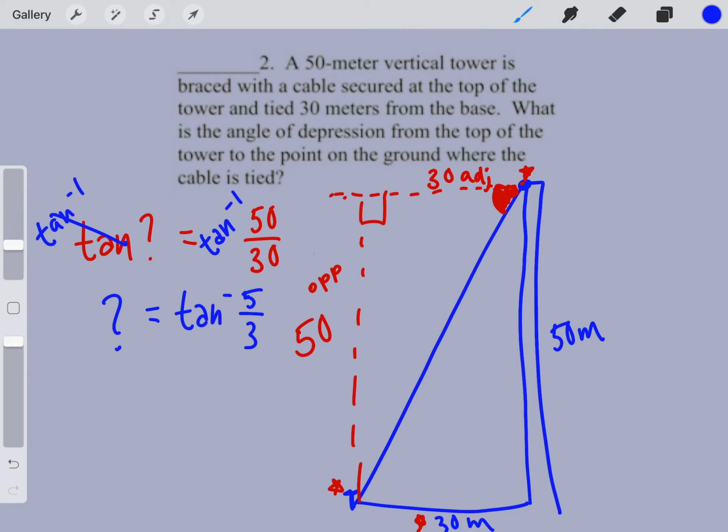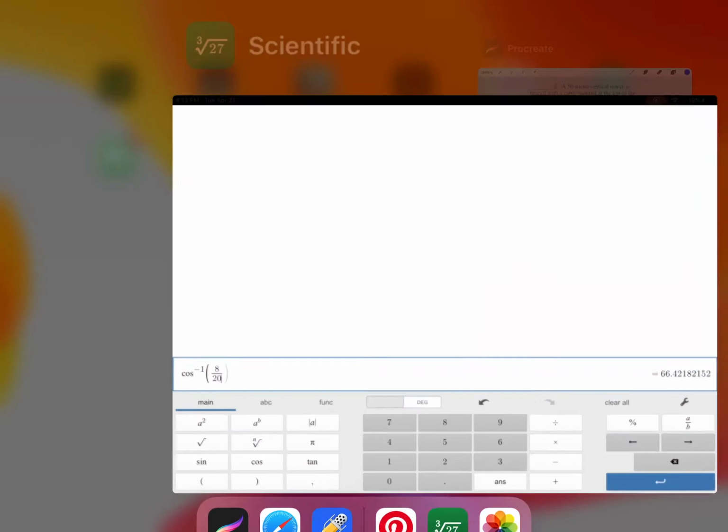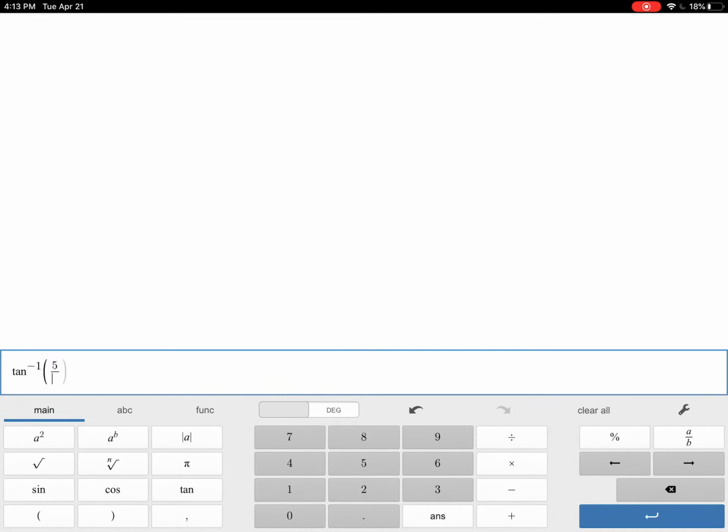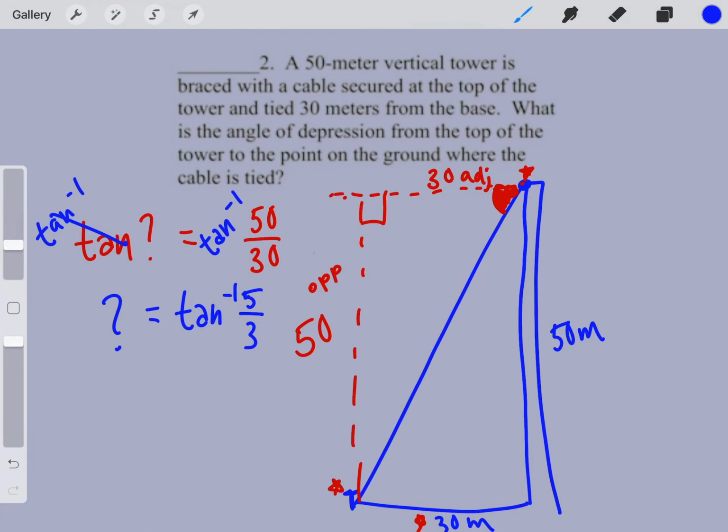It's up to you. It's easier for me with just smaller numbers, so I'm going to do inverse tangent of 5/3 to calculate this. And I get approximately, rounded to the nearest tenth, 59 degrees. That is my angle of depression.